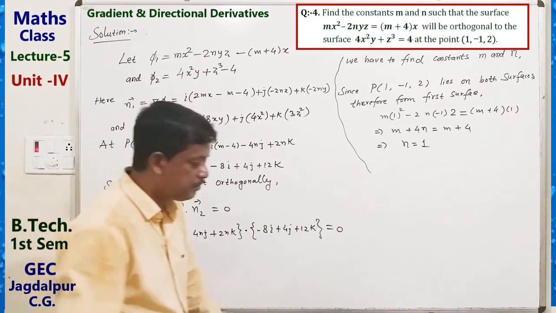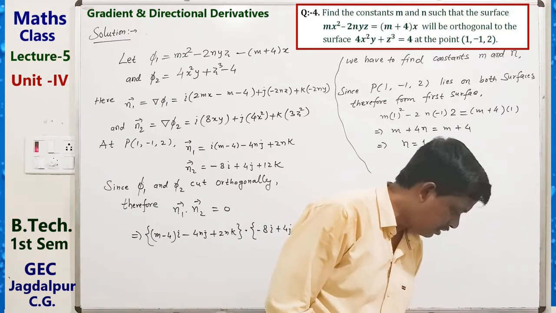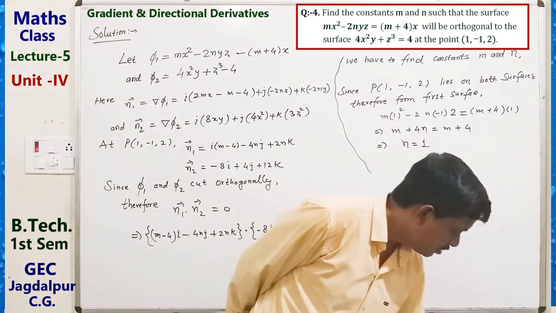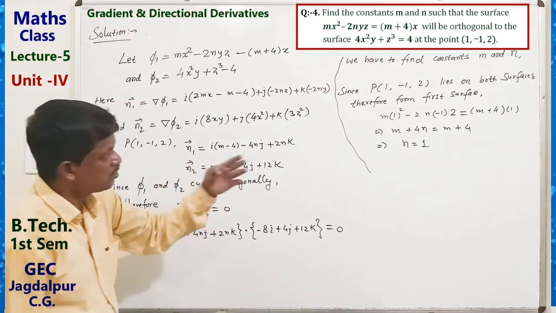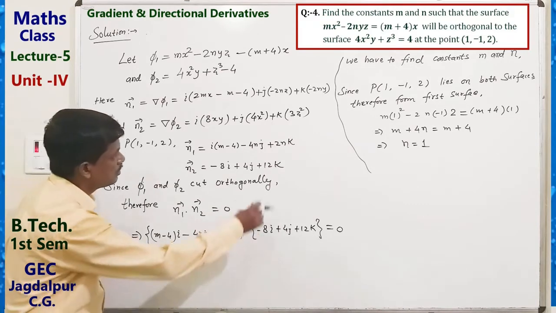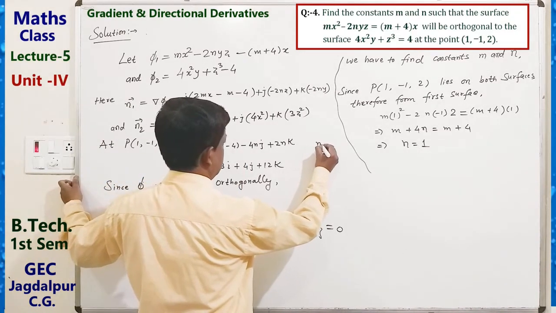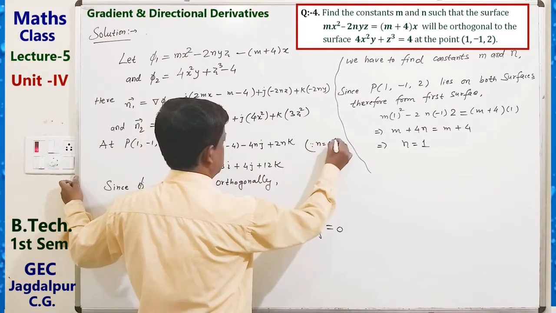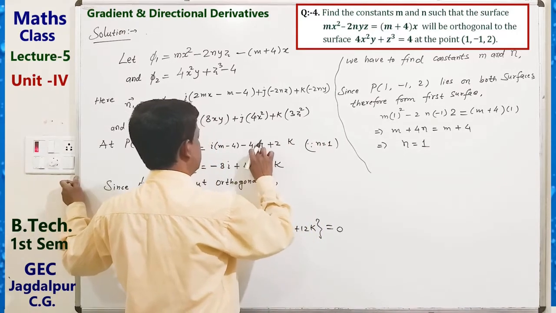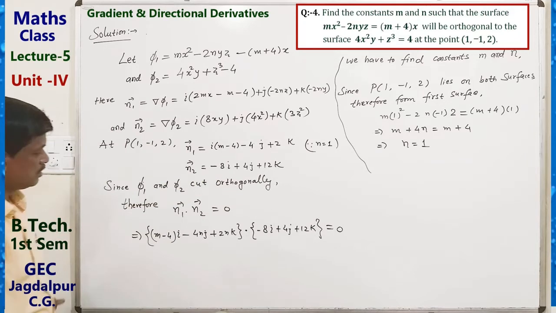By using this, we can get the relation. N is there, so n equals to 1, we can use n equals to 1. Since n equals to 1, so we can write like this.